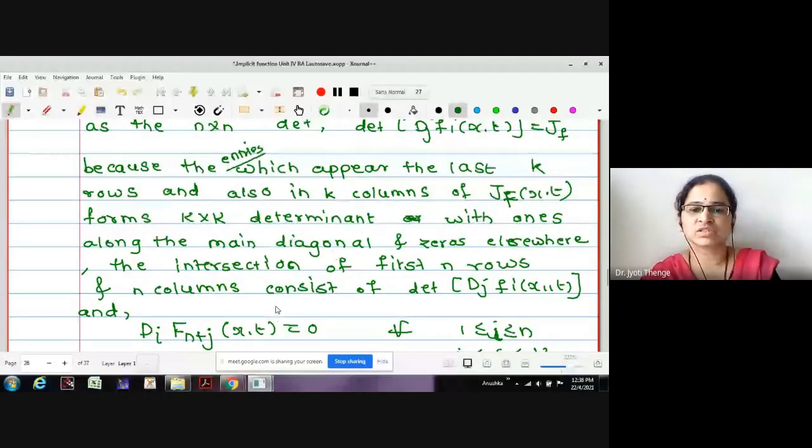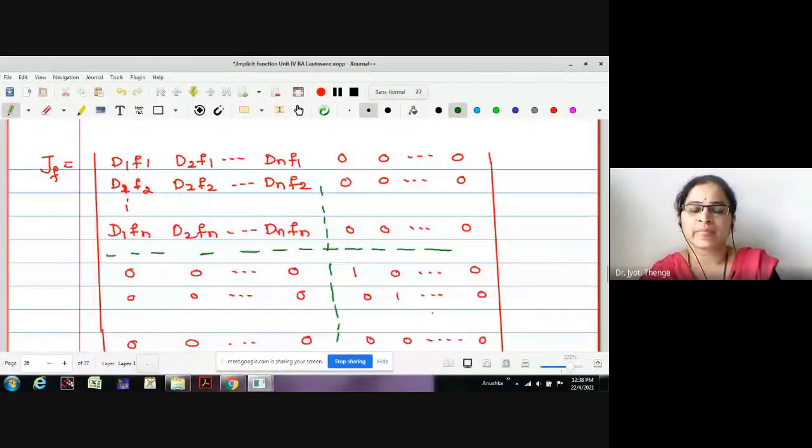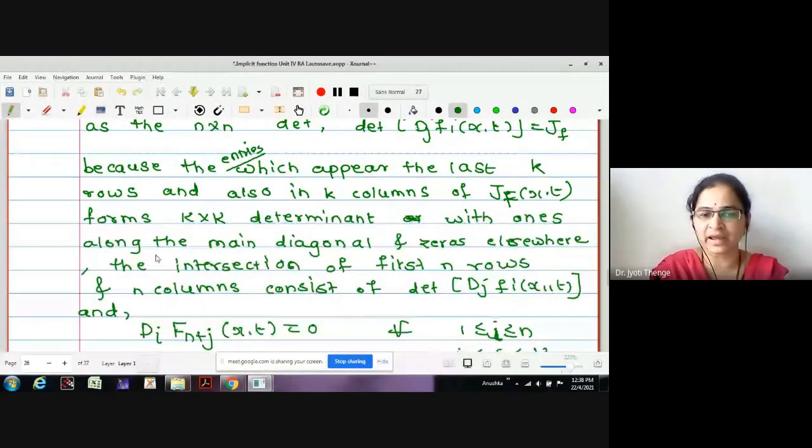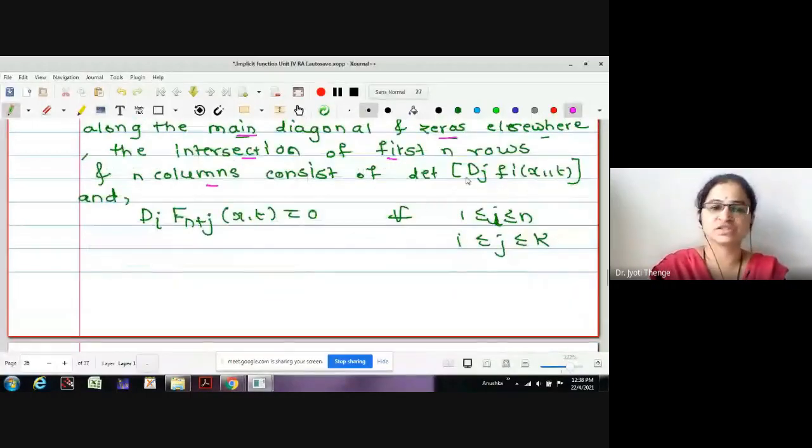Last k rows means this section, no? And therefore, this is going to form ones along the main diagonal and zeros elsewhere. Ones along the main diagonal and zeros elsewhere. Therefore, it is an identity matrix. The intersection of the first n rows and n columns is the Jacobian determinant of the small f function, and all the rest of the entries are 0. Okay.